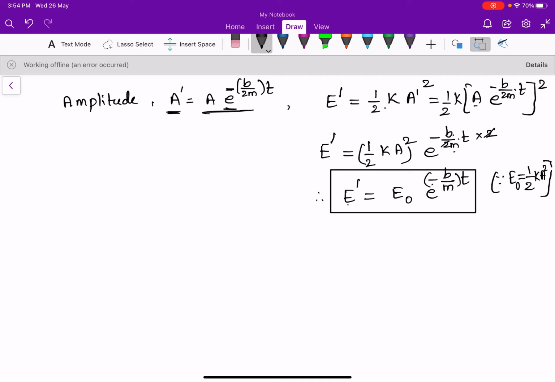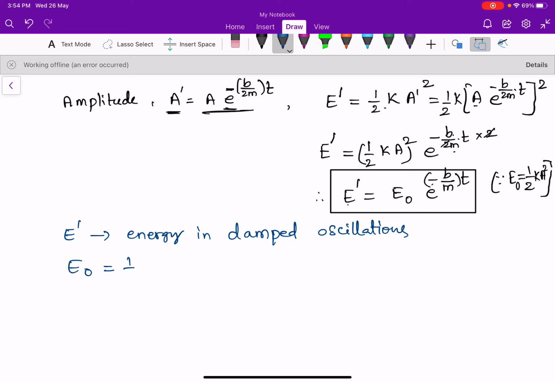Here E dash is the energy in damped oscillations, and E naught equals half K A square is the energy in case of undamped oscillations, that is, where there is no damping.